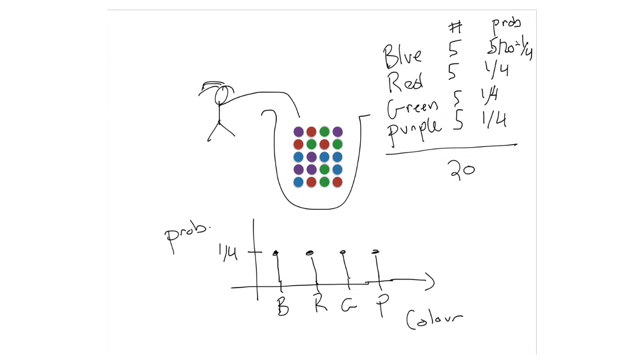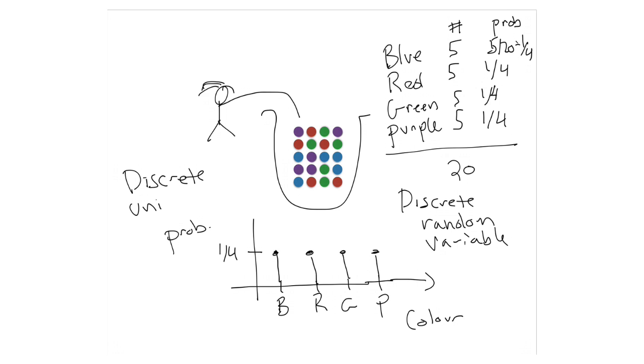So this is an example of a discrete random variable, and its distribution is called a discrete uniform distribution.